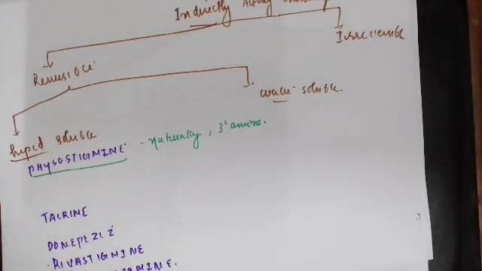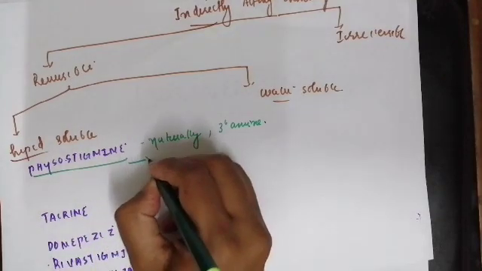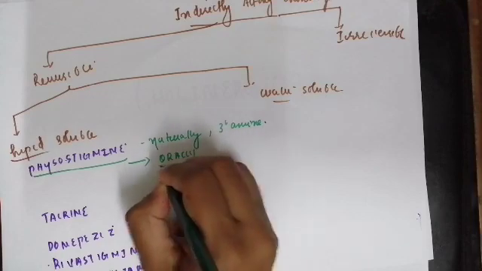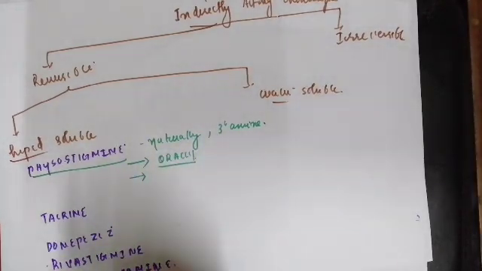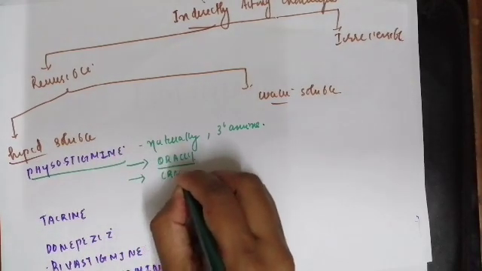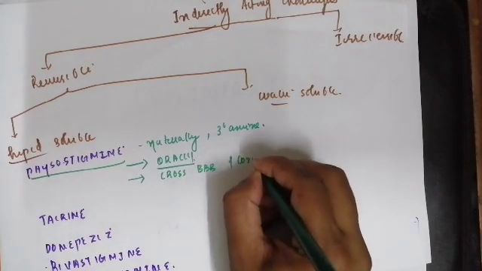So what is the use of this physostigmine? Because it is lipid soluble, it is easily absorbed and can be given orally. Because it is lipid soluble, it can cross the blood-brain barrier and also the corneal membrane.